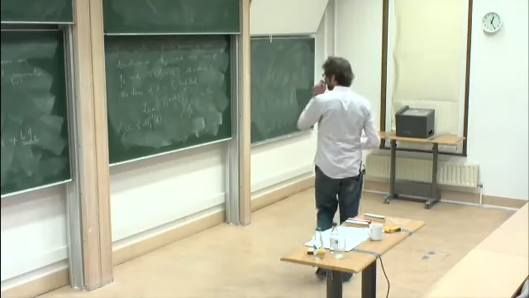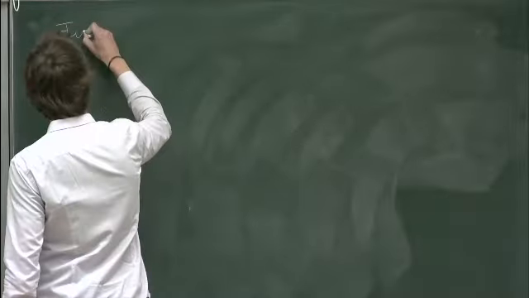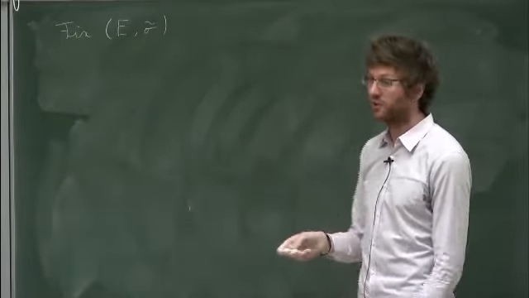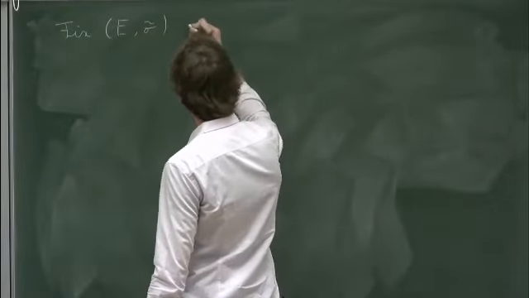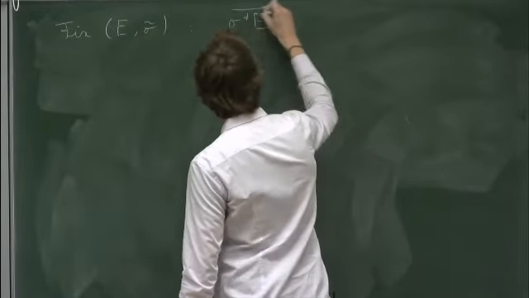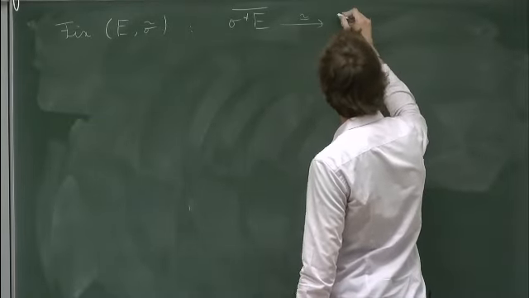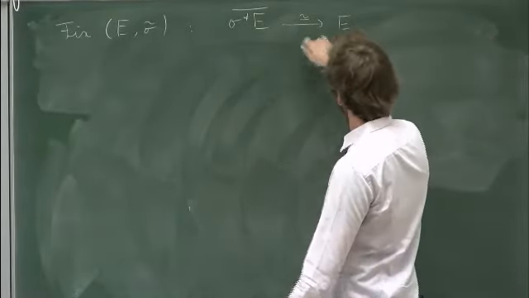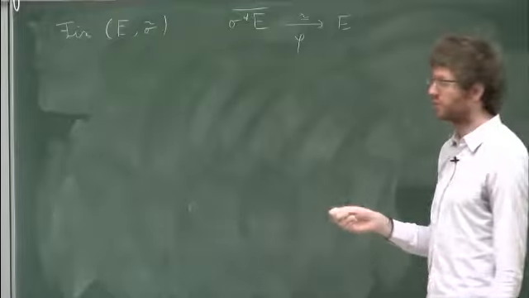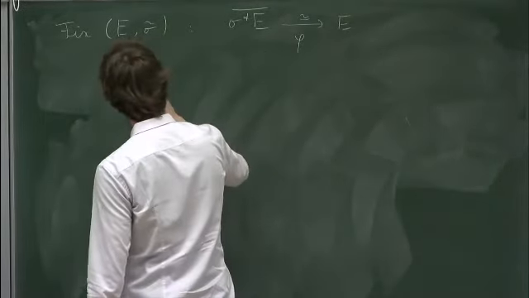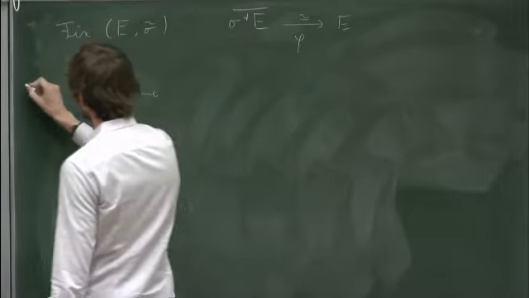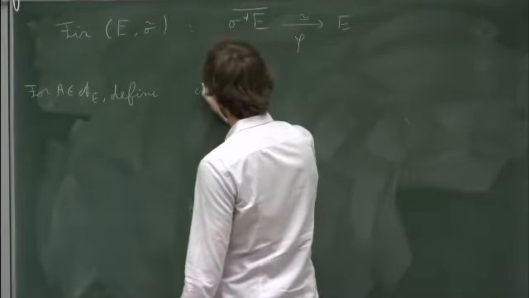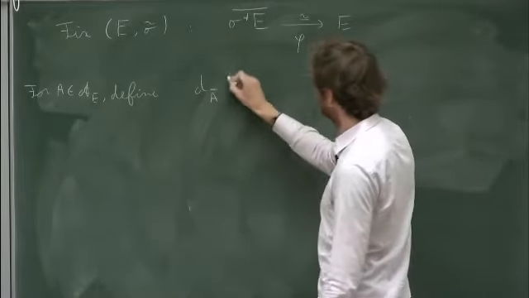Okay, so let me first define the involution. So fix a real or quaternionic Hermitian bundle, E sigma twiddle. Then this bundle, the conjugate pullback of the complex vector bundle E, is isomorphic as a Hermitian bundle to bundle E. Let's call phi the map which is the isomorphism. And then, if A is a connection on E, we define A bar by the following condition.